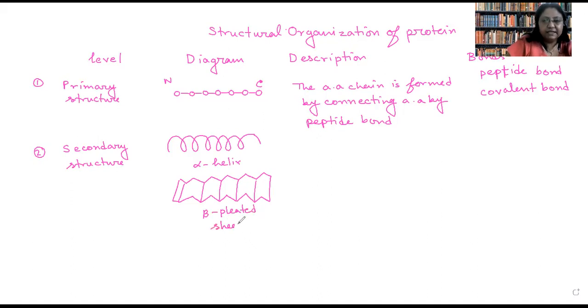So a simple amino acid chain can fold itself in a way to form either an alpha helical structure or a beta pleated sheet structure. Now, what is the description?